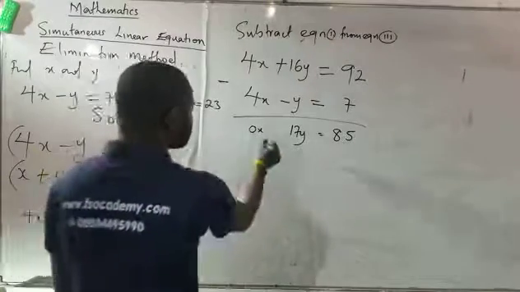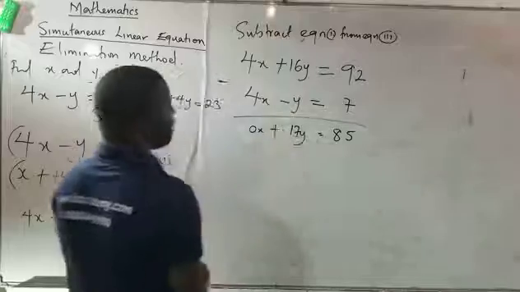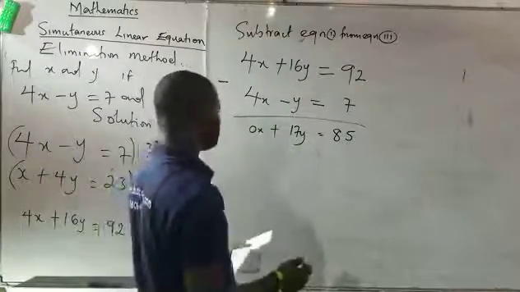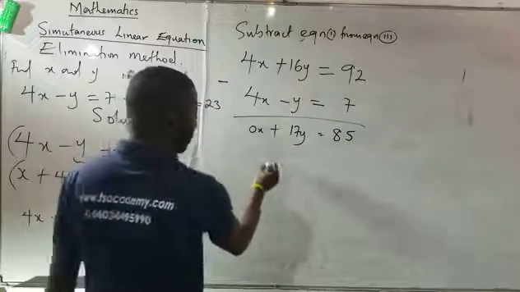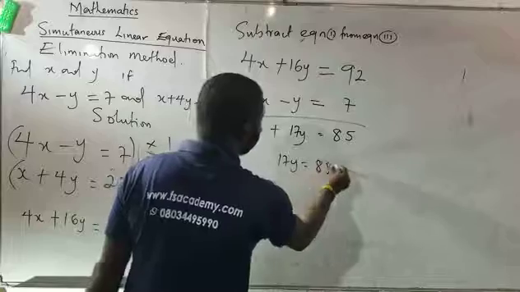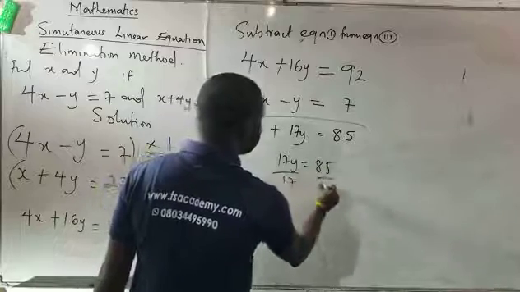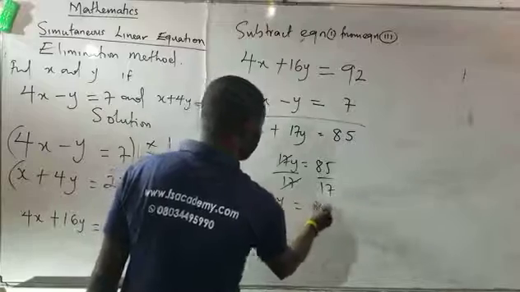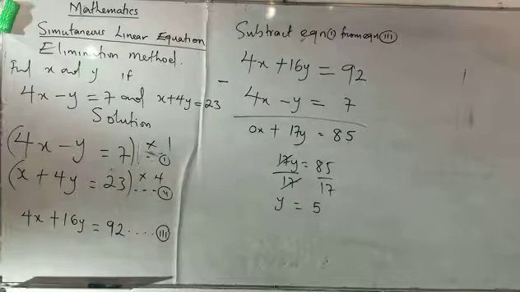Now I'll be having 17y equals 85. Divide both sides by 17. This will cancel. y will be equal to 5. Now my y is equal to 5.